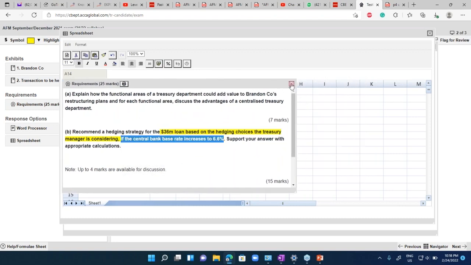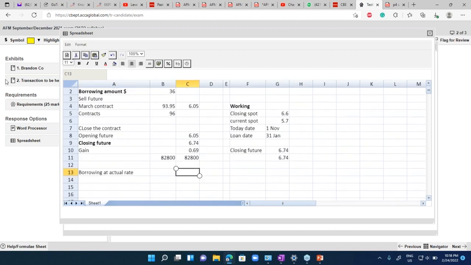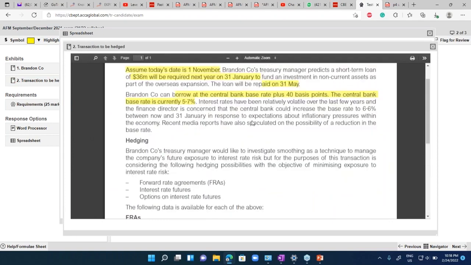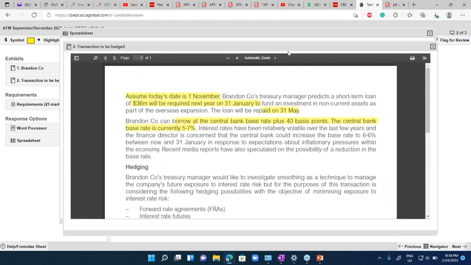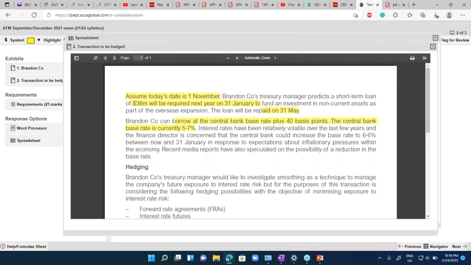Okay, actual borrowing. If you are borrowing in the market, it is given at what rate you will borrow: base rate plus 40 basis points.